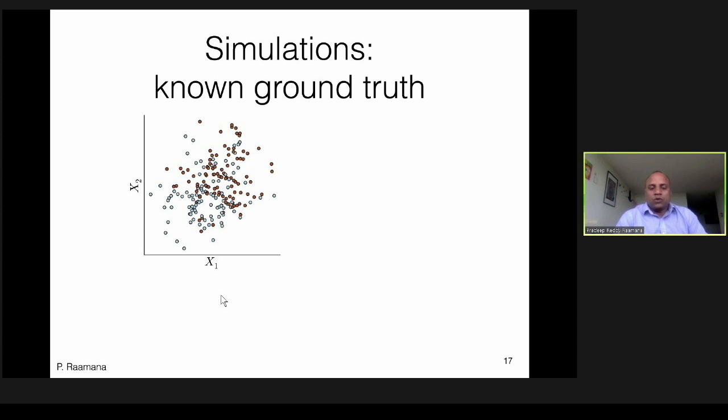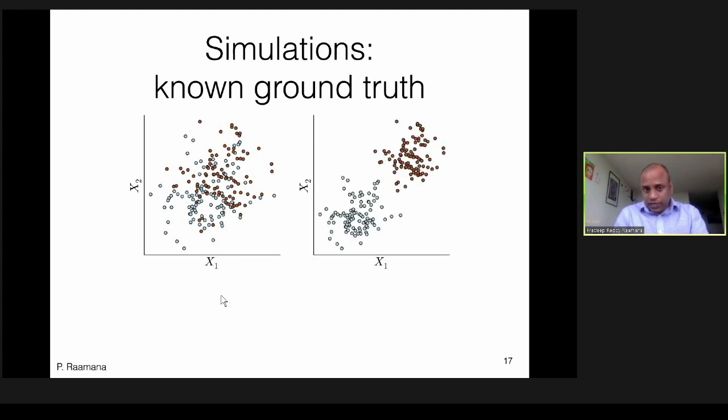In order to further understand their performance, because in the real data it's not really clear whether the biases are due to the schemes or due to some artifacts of the data, we want to run some simulations with known ground truths and known separabilities, for example.